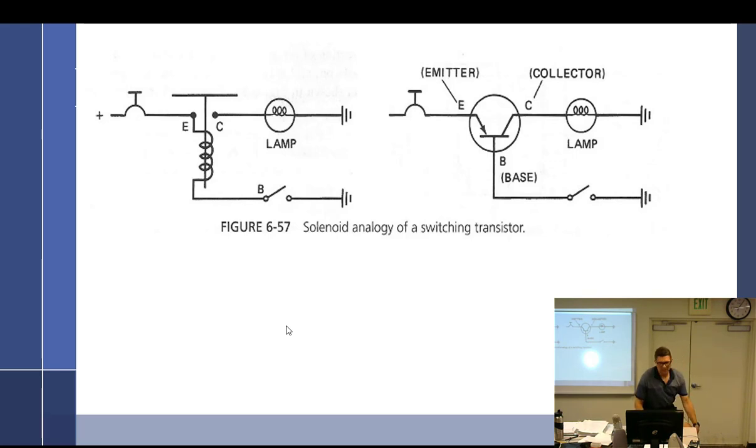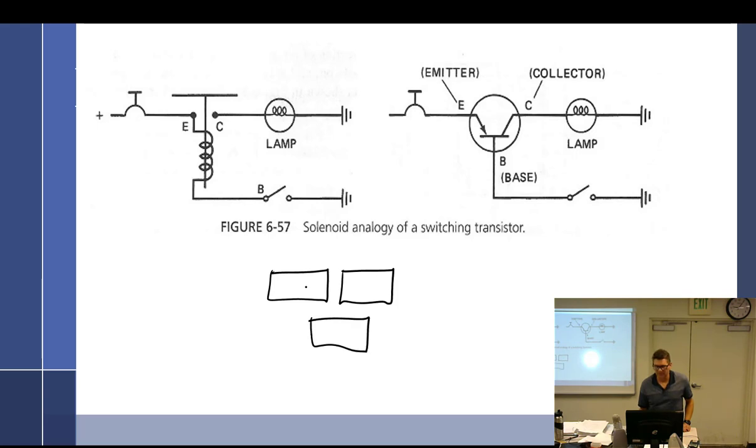Yeah, and this will get you through this. Hopefully you don't mind that this is not technically correct. So we've got the PNP. When I look at the base to emitter junction, base to emitter, that's my on circuit.